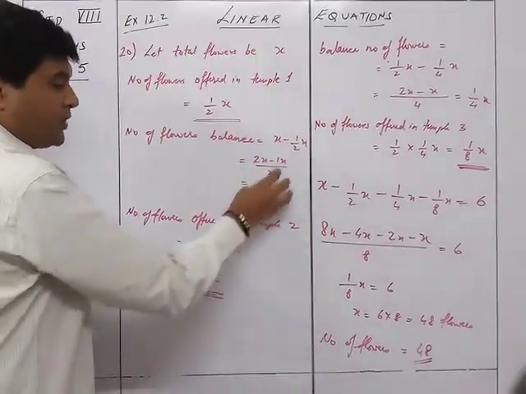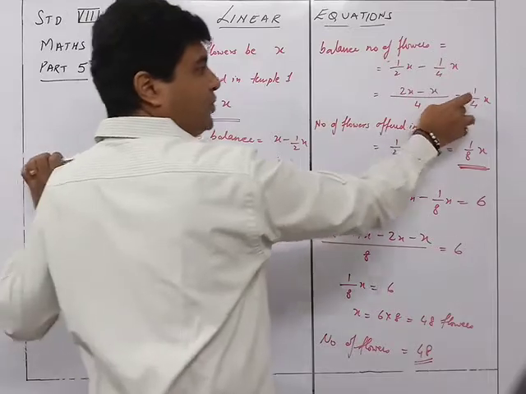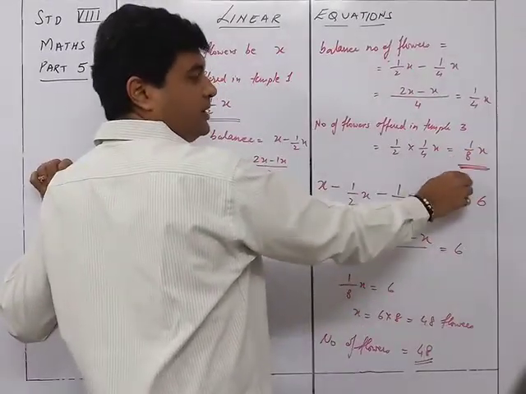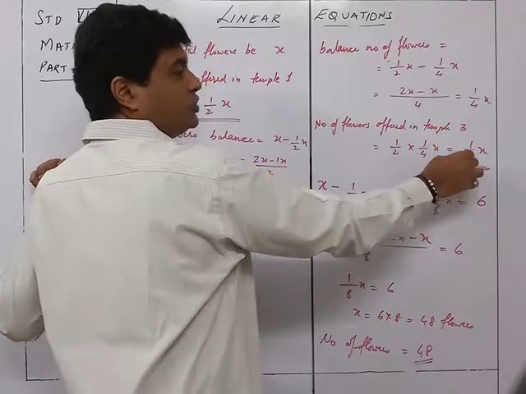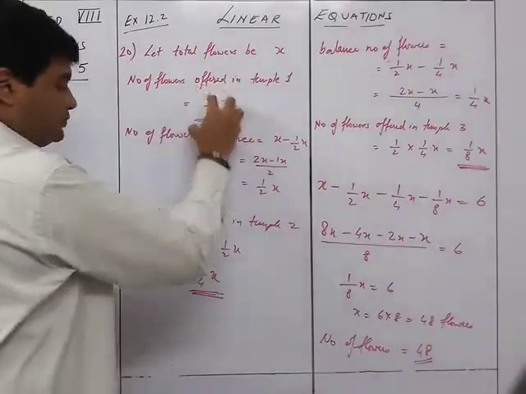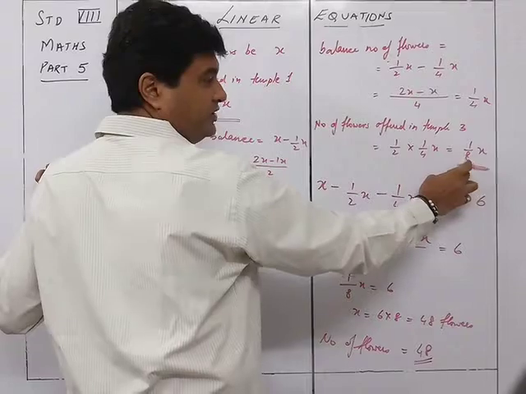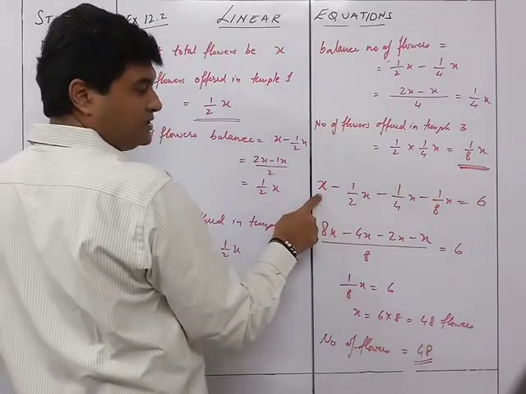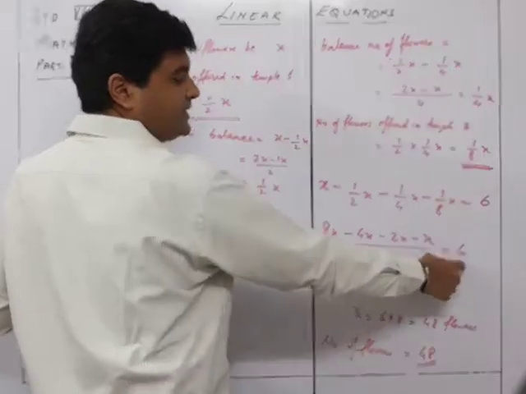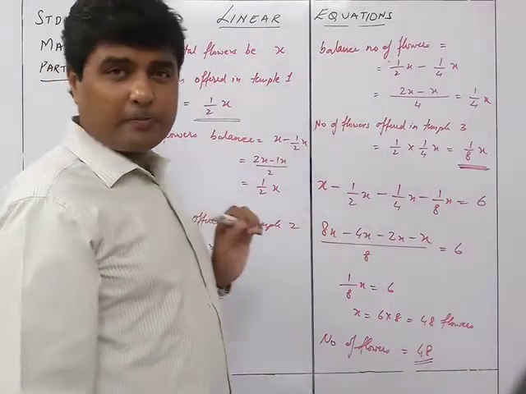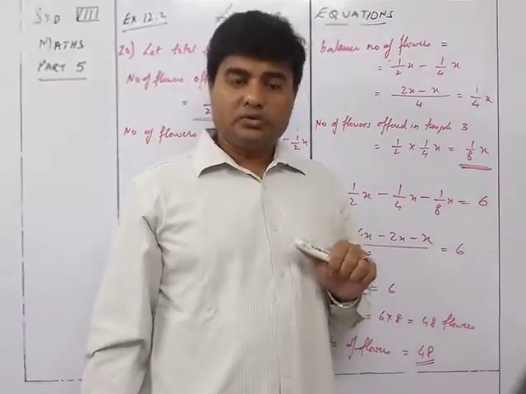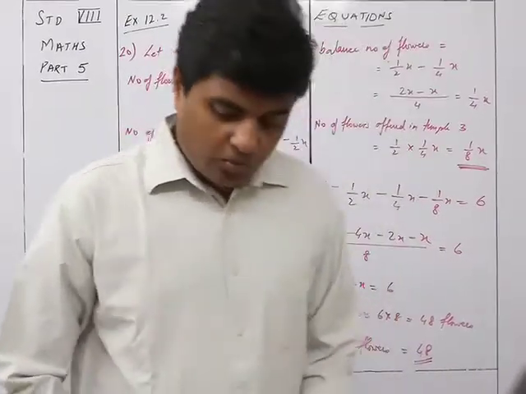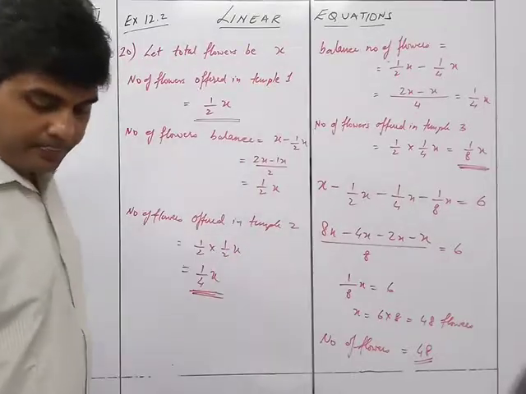After removing 1/4 from the half, what is going to remain is again 1/4. Now from this 1/4, half is given to the third temple, so it is 1/8 that is given to the third temple. So the total flowers offered are this plus this plus this. The total of these 3 is subtracted from the original number of flowers. Accordingly, taking the LCM, you get 48 flowers. Okay, so that is sum number 20. We now move on to sum number 21.